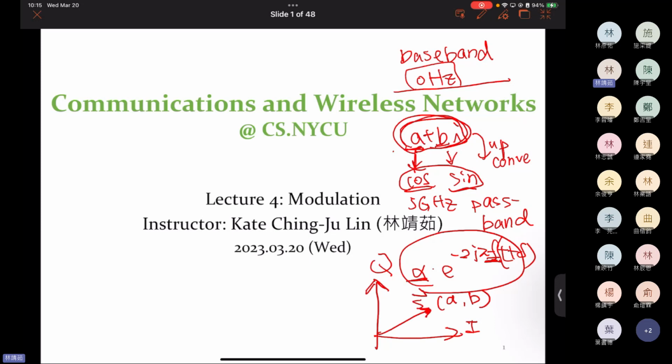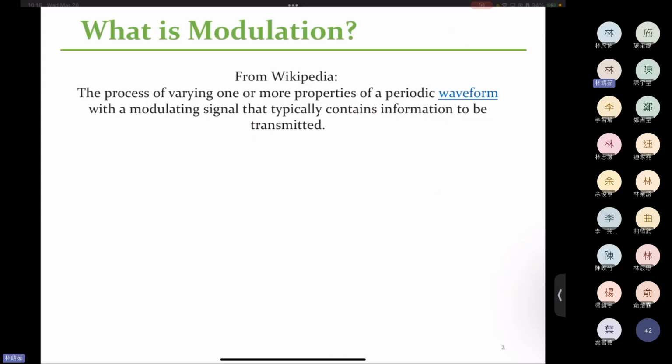There are two very important properties on top of this diagram. The first thing is that the amplitude squared will be the power of the signal, and the angle of this vector will be the phase delay of the signal. Right? So that's a very quick recap from last week.